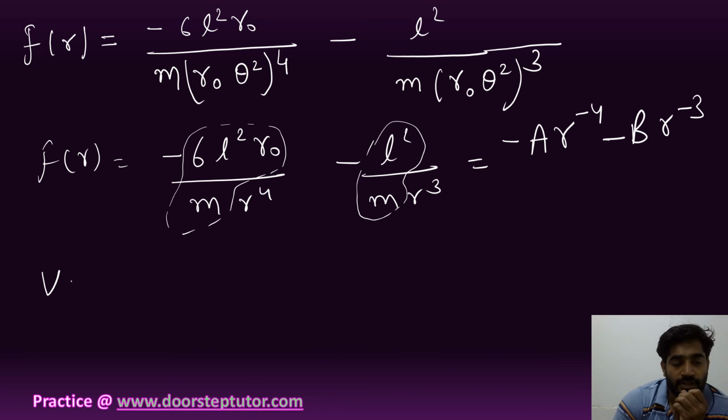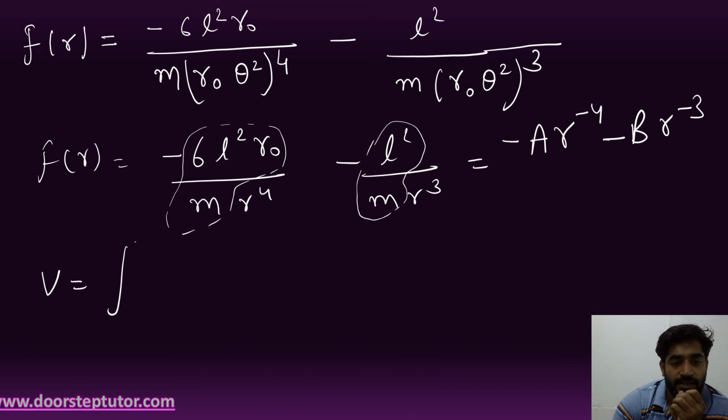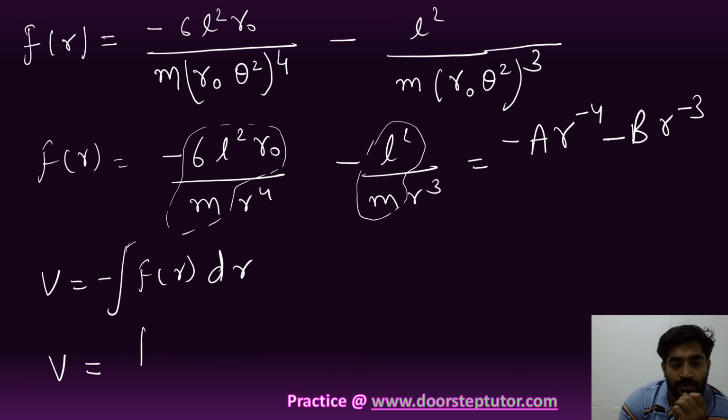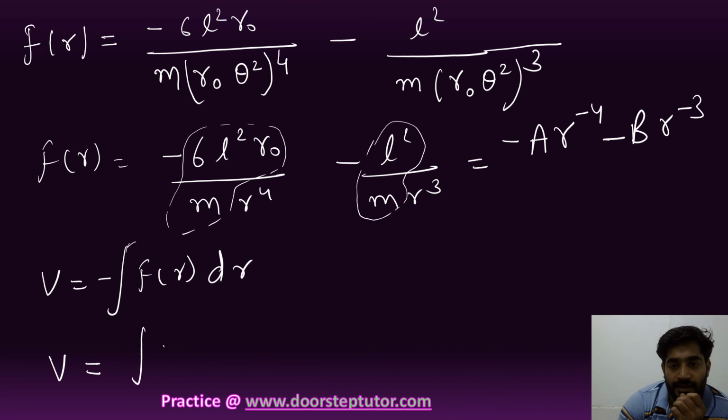Now what is potential? Potential energy is the integral of f of r dr. You all know this. So V is just the integral, adjusted with the minus sign.